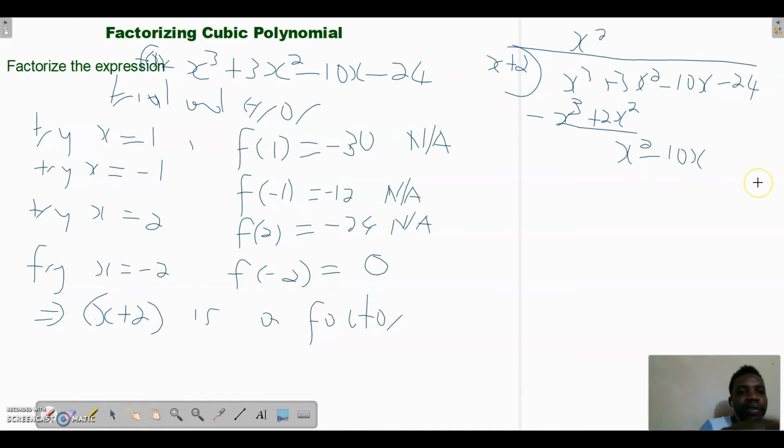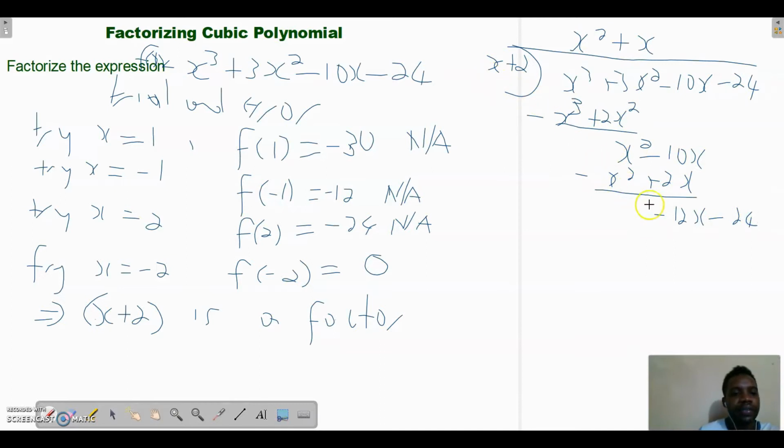X into x squared would give me a positive x, and x times x plus 2 would give me x squared plus 2x. And of course, we apply the process of subtraction again. So we have negative 10x minus 2x, which is going to be minus 12x minus 24.